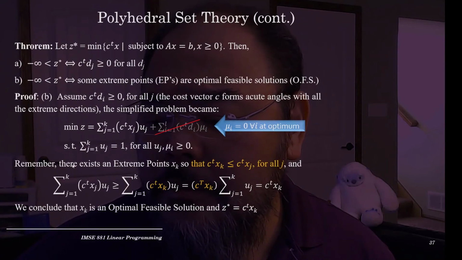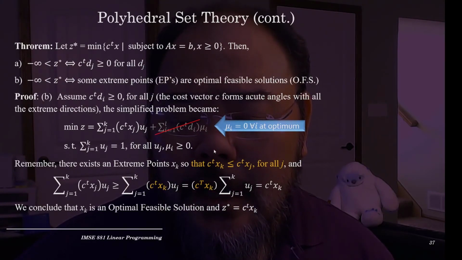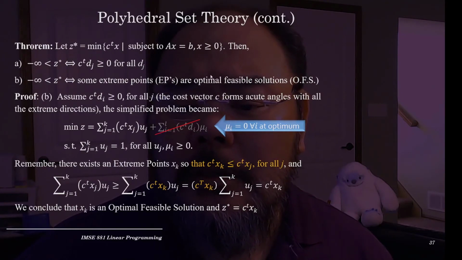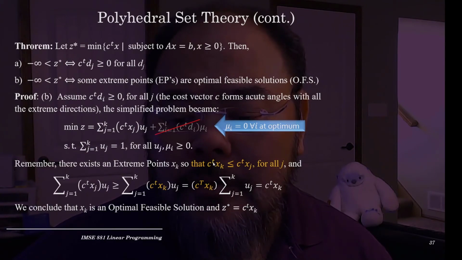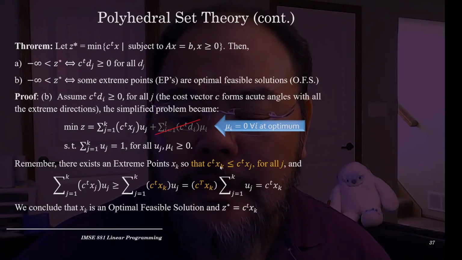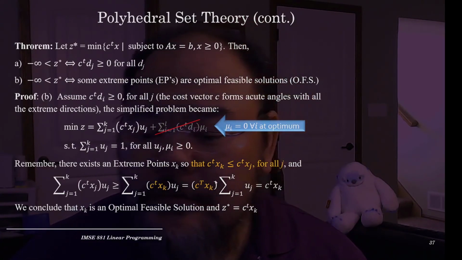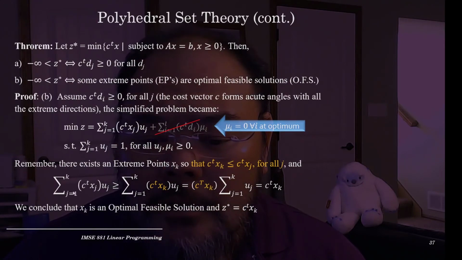So remember, there exists an extreme point x_k which is the optimal feasible solution. We'll call this x_k. So for example, we define x_k as the optimal. So c transpose times x_k is less than or equal to all the other extreme points in this feasible region S. So we can write it that way.